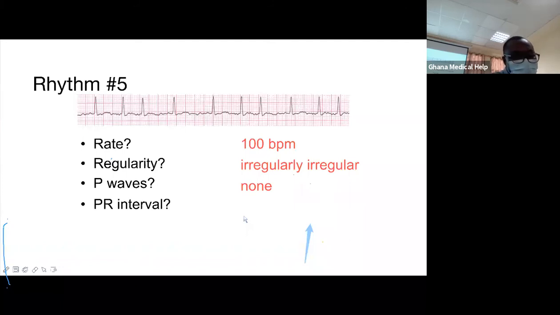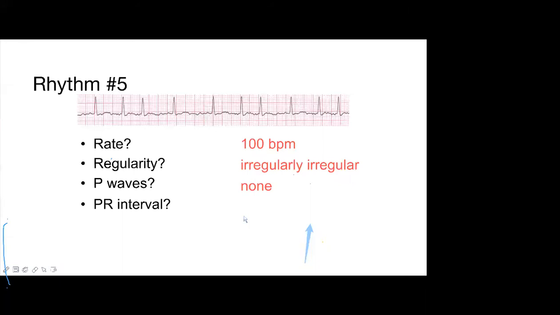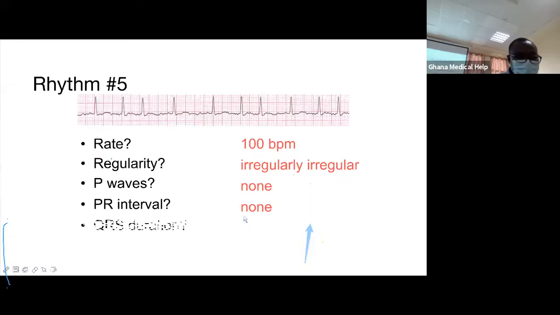Now, the PR interval. Is there any PR interval that we are seeing here? Anyone on the Zoom? No. Okay, so I agree with you. You can't see any. No P, no PR interval. Fantastic. QRS duration. What's the duration, please?